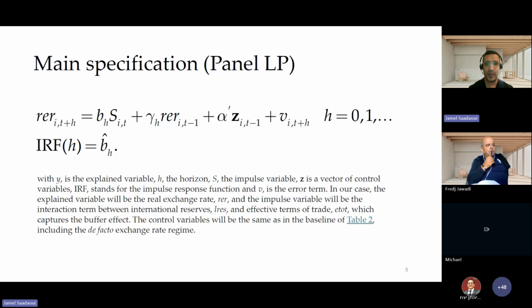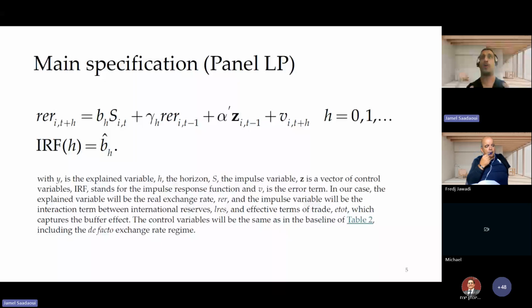To specify your s, your impulse variable, you can put a monetary shock, or a geopolitical risk, you can try to orthogonalize whatever variable, but you need to have something for which you have considered the question of identification. By themselves, local projections are a very useful tool to estimate impulse response functions, but they do not solve the question of causal identification.